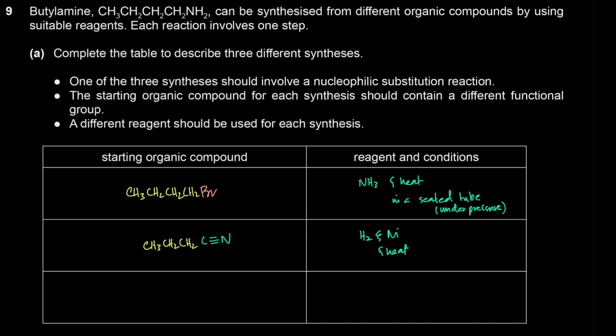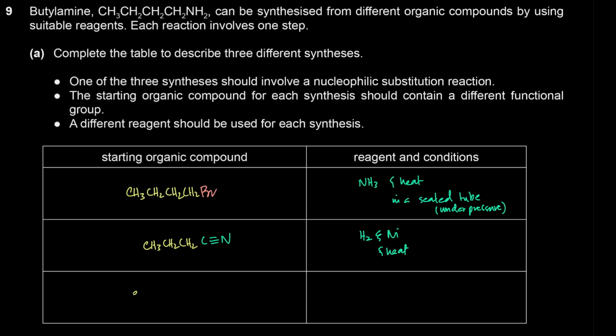What's one last compound that I can use to make an amine from some other starting compound? I can start with an amide. And for reducing an amide, I can use a different reagent.